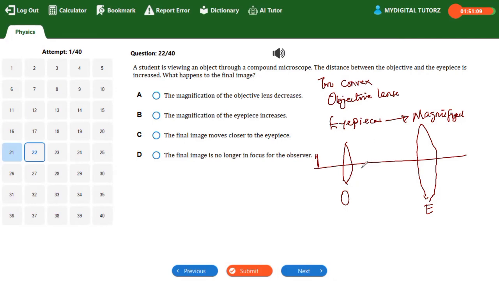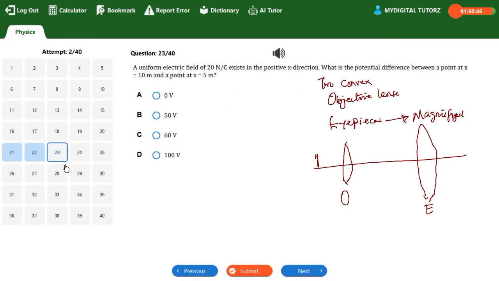So that will be the effect of what? Of a larger distance between the objective lens and the eyepiece. So the correct answer here is option D, which is the final image is no longer in focus for the observer. I hope this is understood. So that is about question 22.